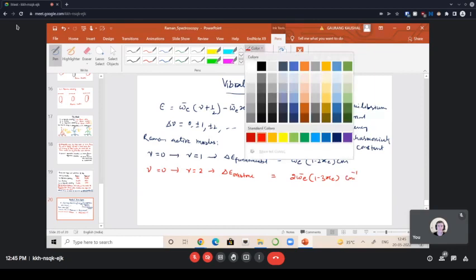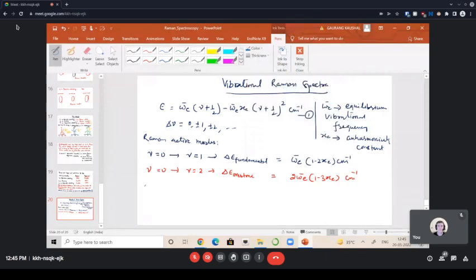Another Raman active mode can be transition from v equal to 1 to v equal to 2. That was not discussed previously in the vibrational spectrum. This is actually called the hot band, delta E hot.